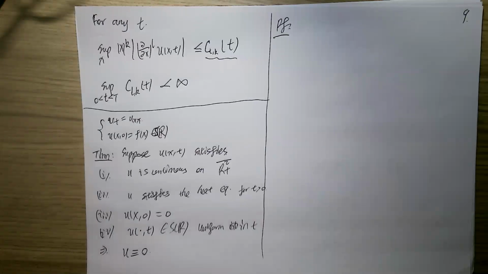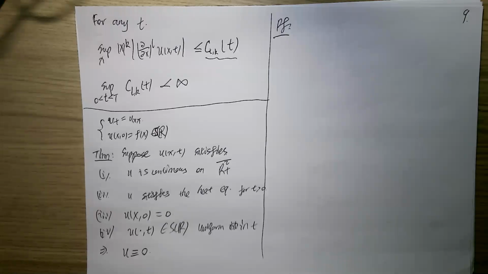Well, the key idea is you build some energy function, and then you prove that if it satisfies your differential equation, it should dissipate, which means the energy should decay.